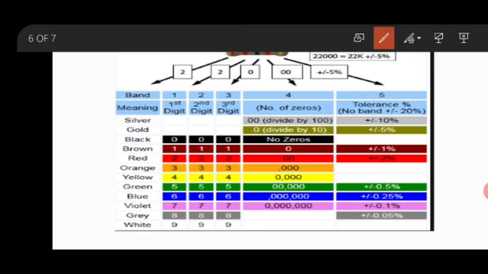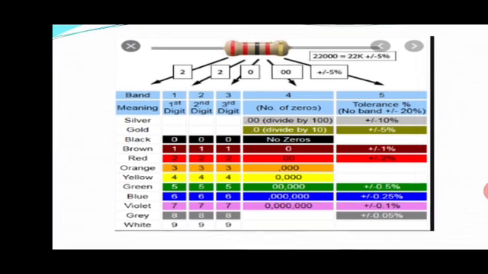If it is not available, what is the value of this resistor? First is red, second is 2, third is black. If the fourth is not on the resistor, you don't forcibly insert zeros. So what is the value here? 220 ohm. There is no number of zeros. Hope you understood this.